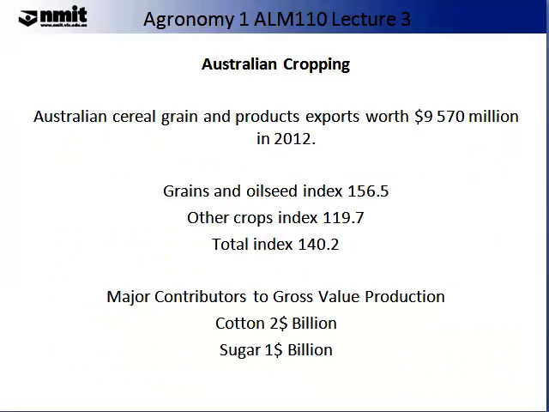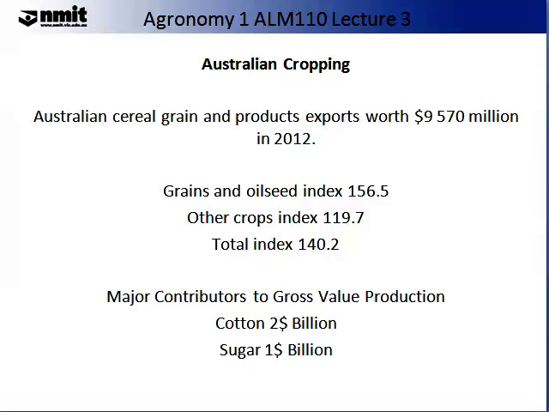The statistics I am going to present to you in the following slides are all from the Australian Bureau of Statistics, Balance of Payments and Australia, catalogue numbers 5302 and 5303. The Australian cereal grain and products exports is worth 9,570 million in 2012.